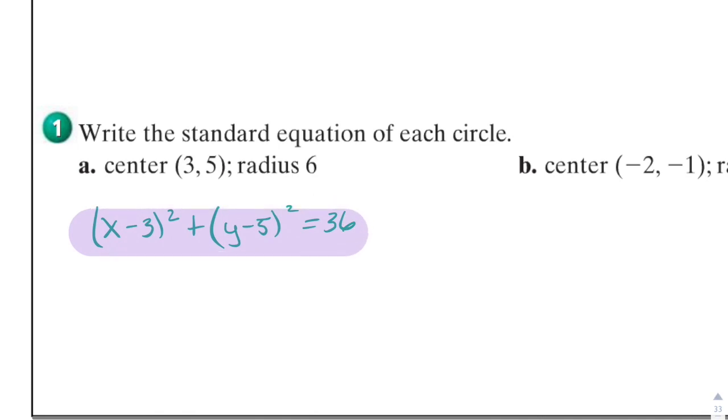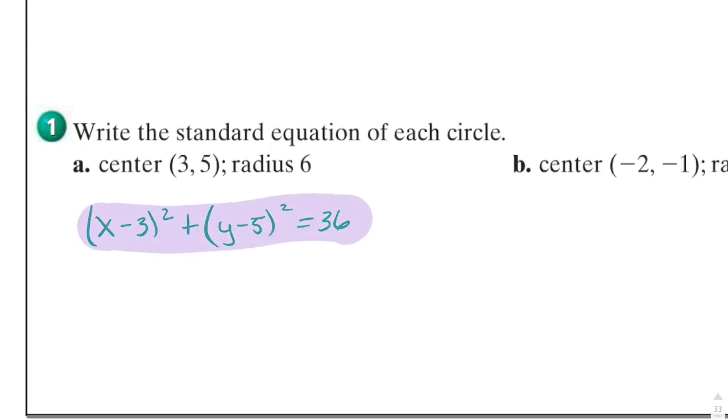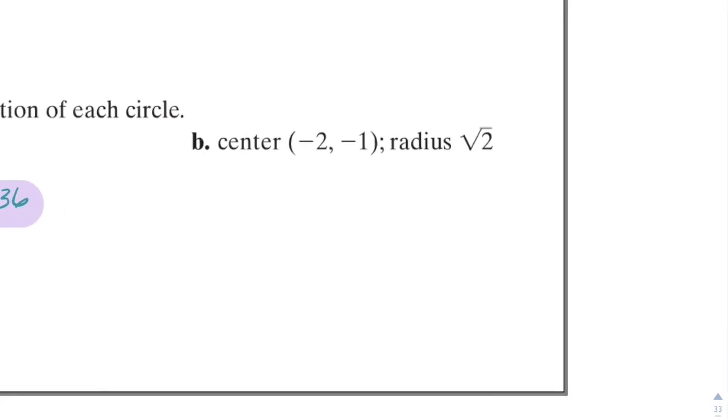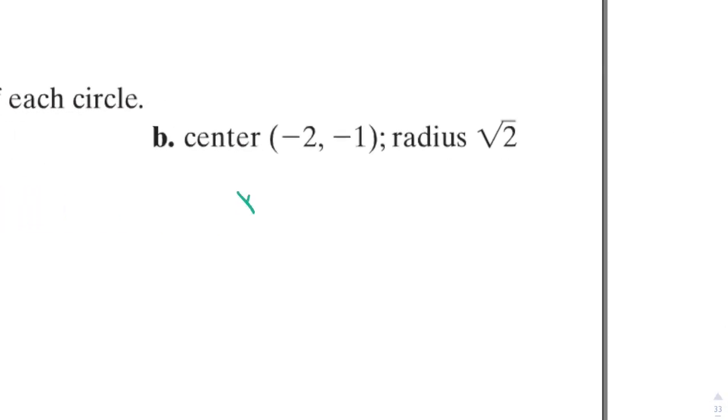Having trouble with the highlight feature. There we go. And, oh, this one, okay, a lot happening. We get x plus 2 squared plus y plus 1 squared equals, let's take a look, the square root of 2 squared.